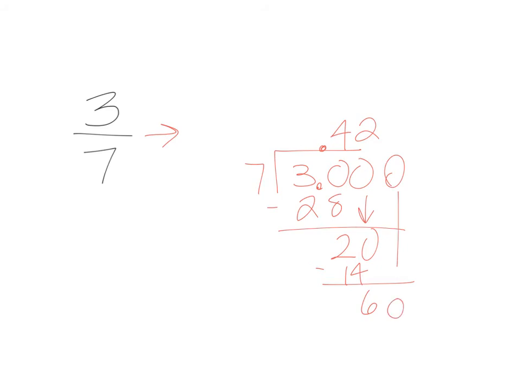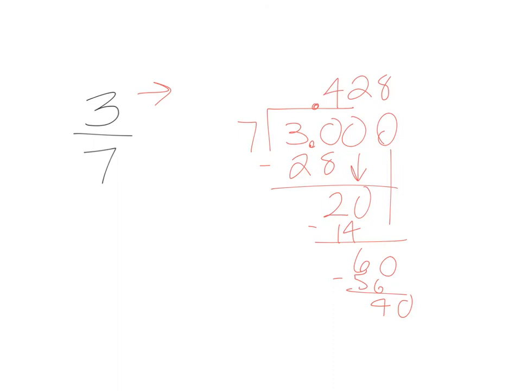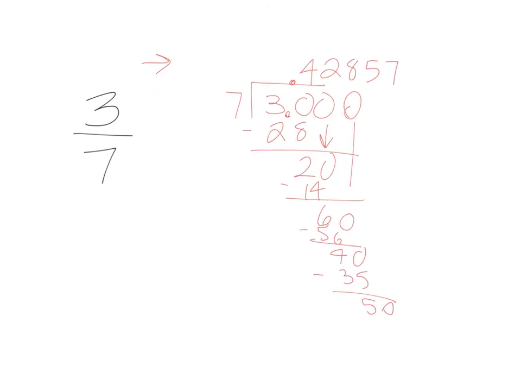Bring down. 9. 8 times 7 is 56. Subtract. Oh my goodness, it seems like it's going on for a long time, doesn't it? 40, 5, 35, subtract, bring down, 7, holy cow, 49, subtract, bring down the 0, 1, 7, 3, bring down, 4, oh, it starts repeating.